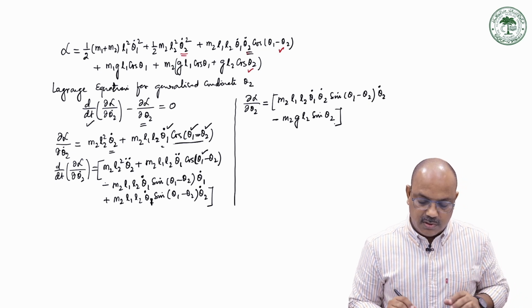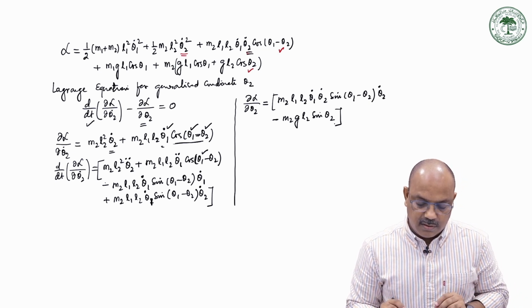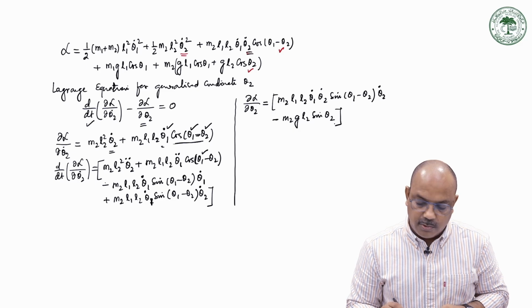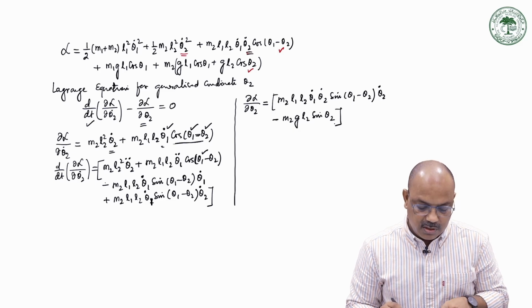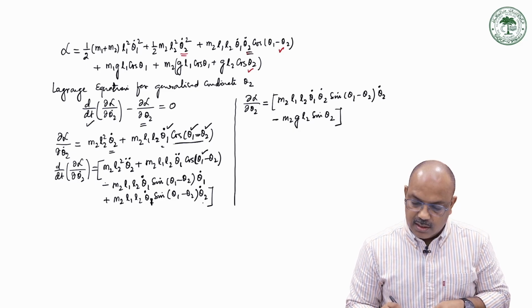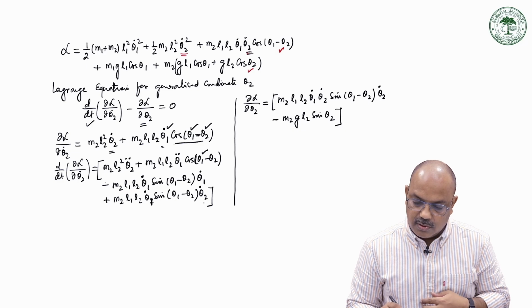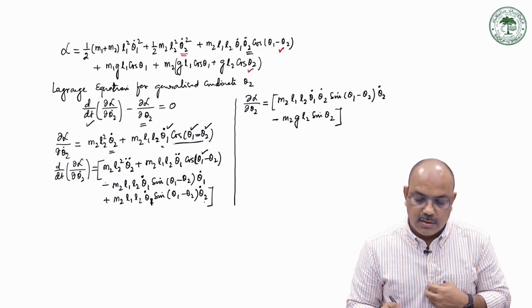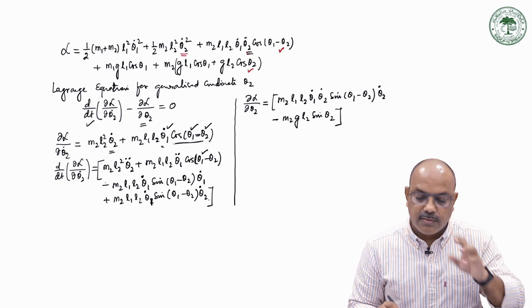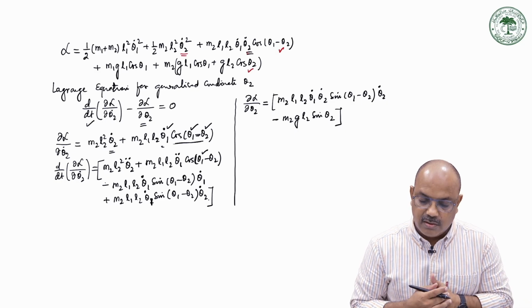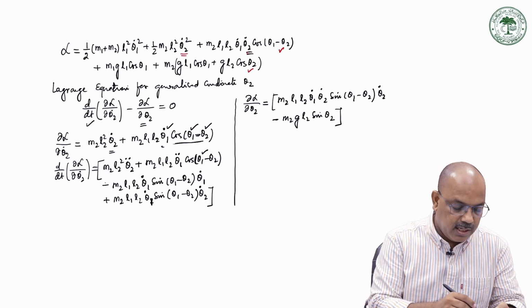So let me see whether everything is correct or not. The m2 L1 L2 terms are going to cancel with the theta 1 dot theta 2 dot term. Okay, so I think, have I written this correctly or not? I don't know. Let me check the Lagrangian first again.